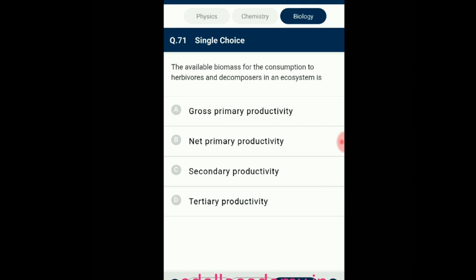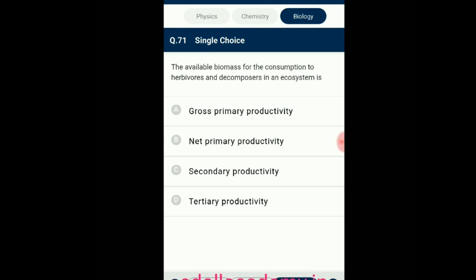Question number 71. The available biomass for consumption to herbivores and decomposers in an ecosystem is? Gross primary productivity of an ecosystem is the rate of production of organic matter during photosynthesis.